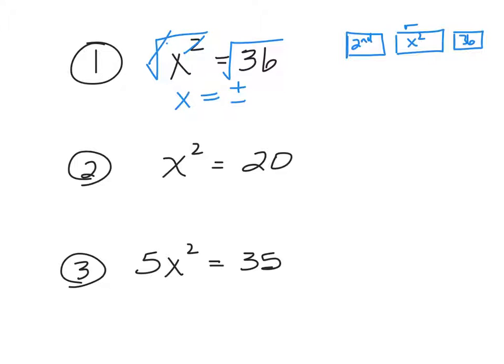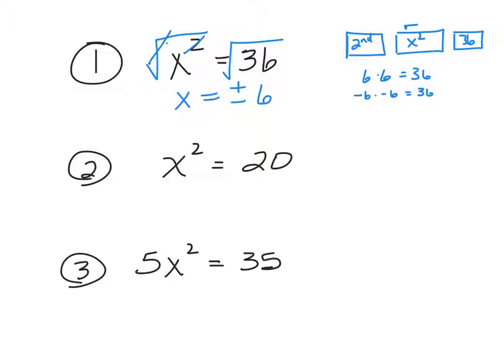When you do that, you end up with 6 as an answer. Now, it's not just 6, it's both positive and negative 6. Here's why. 6 times 6 is 36. But also negative 6 times negative 6 is also 36.